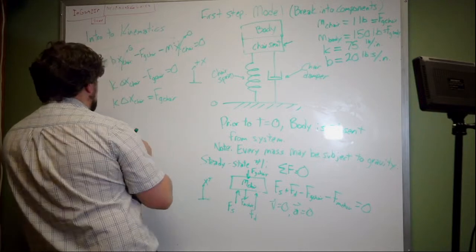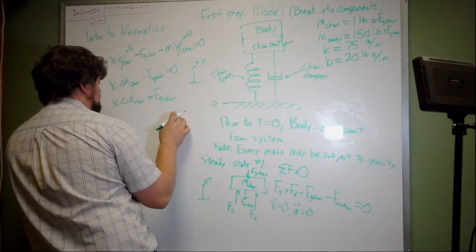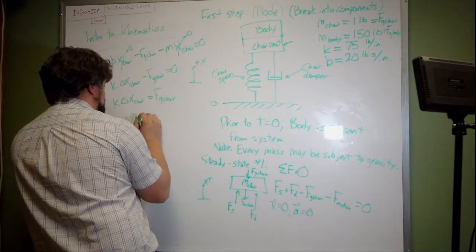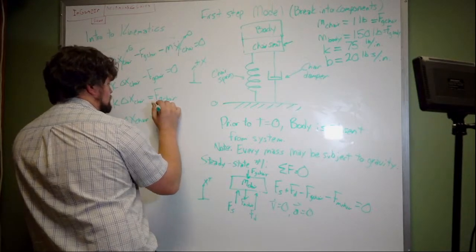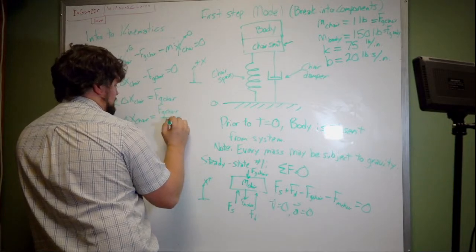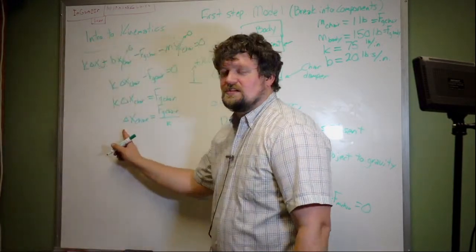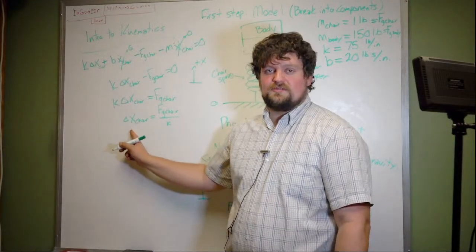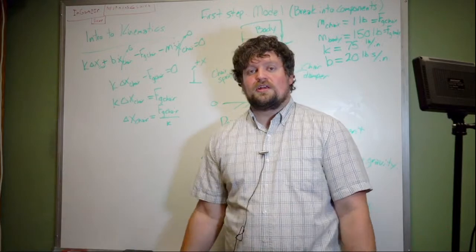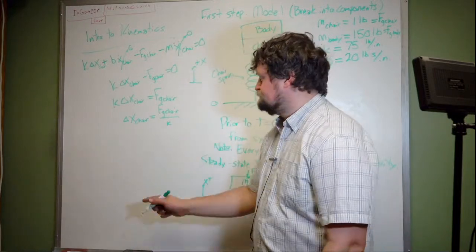Okay, and then we'll divide both sides by k, so delta x chair is equal to fg chair divided by k. So delta here signifies the change in x value. So this is the change in x relative to the unloaded spring value.